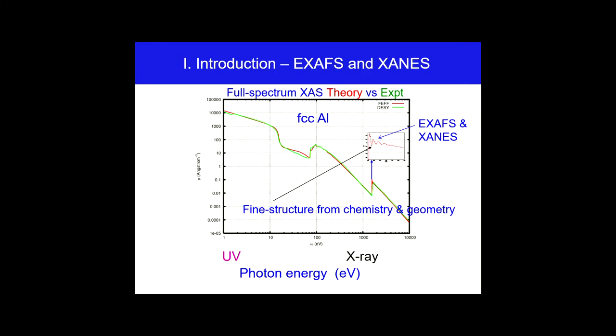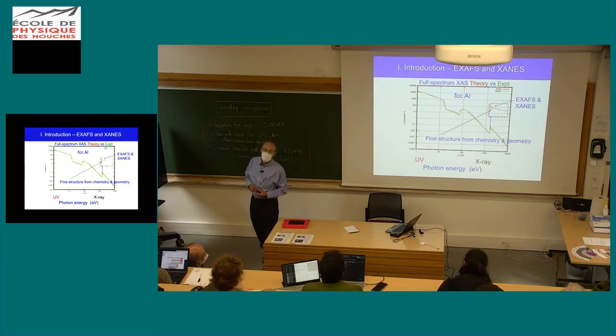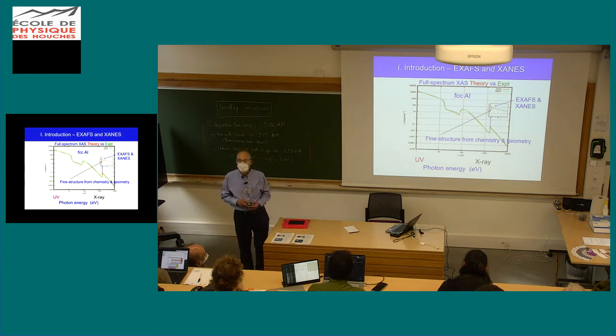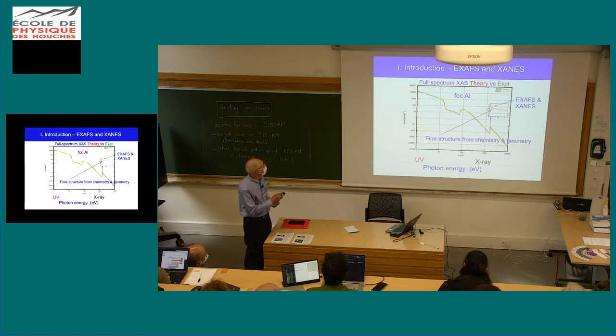Let's begin by just looking at the phenomena. Of course, core level X-ray spectroscopy covers a very wide range. As you can see, it goes from the ultraviolet to the hard X-rays. And in a typical X-ray absorption, which covers about 10 orders of magnitude over this range, you see a lot of jumps in the spectra. And these jumps are edges. They're sort of atomic phenomena. But what's important is if you look closely next to an edge, you see a lot of fine structure.